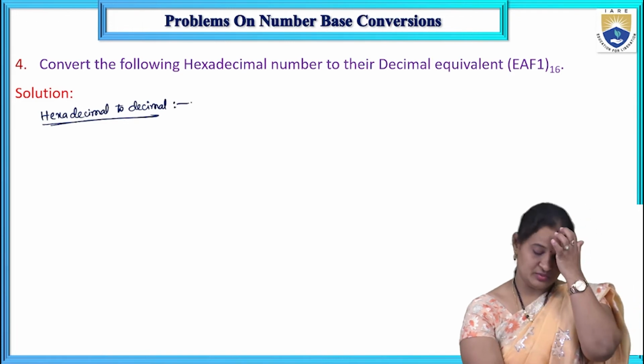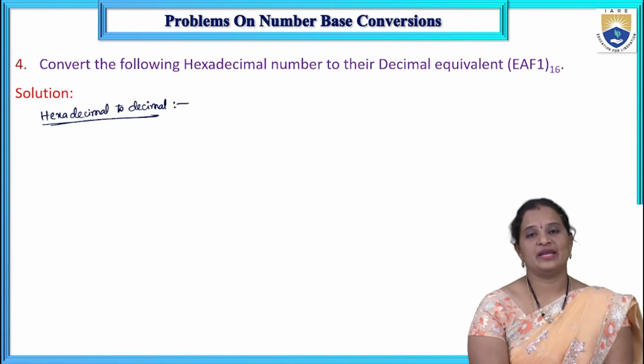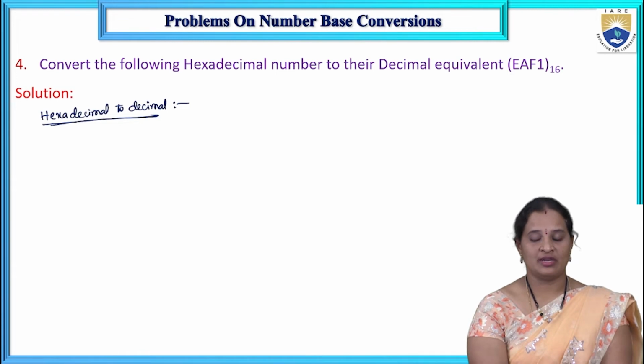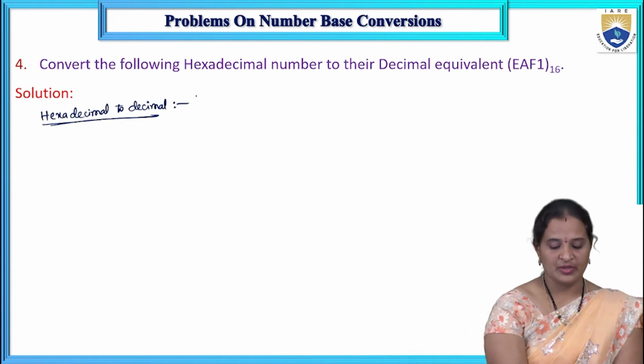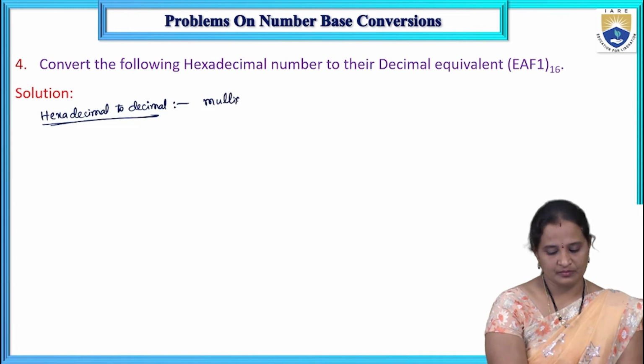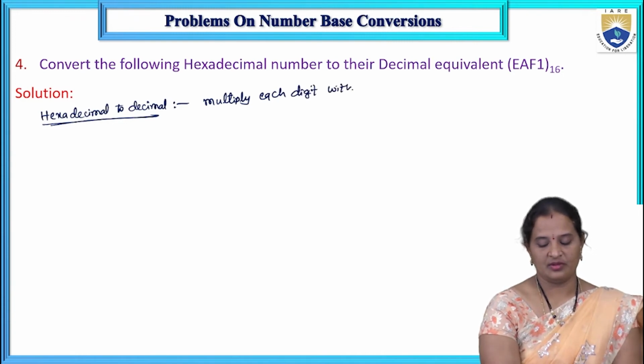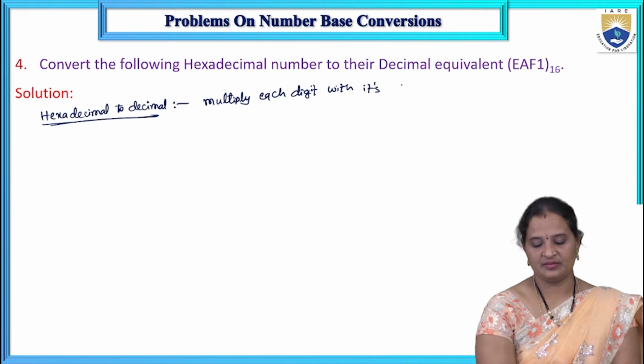Any number system to decimal can be done by simply multiplying each digit with its positional weight, and adding all the products will give you the decimal equivalent of the given number. So that is, multiply each digit with its positional weight.